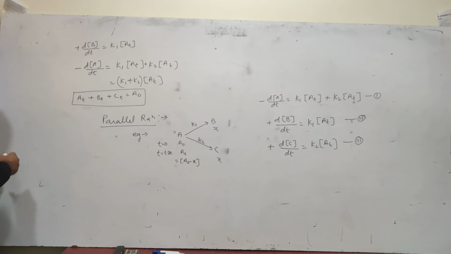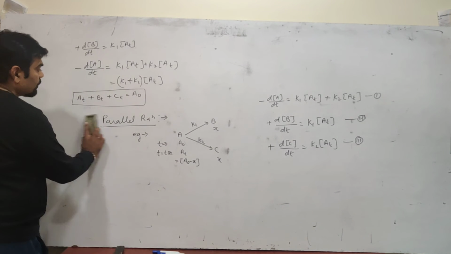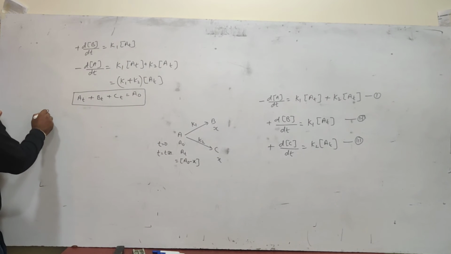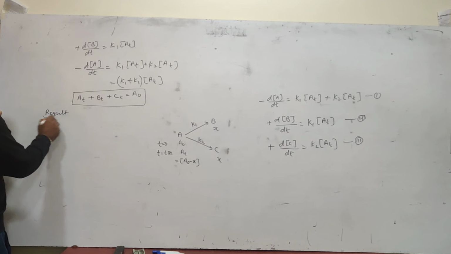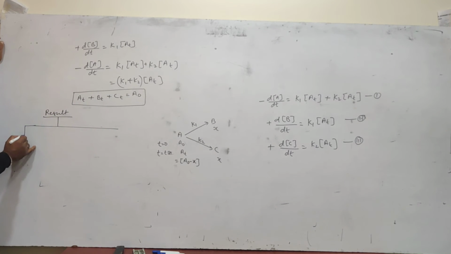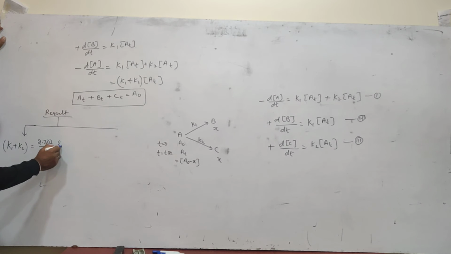Now we will see the results of these equations. The first result is the rate constant: K1 plus K2 is equal to 2.303 divided by t, log base 10 of A naught by At.